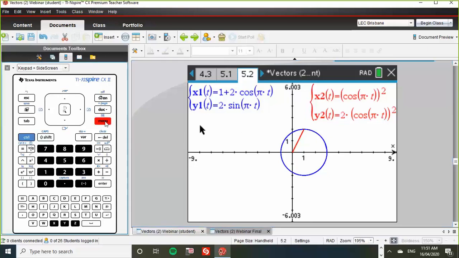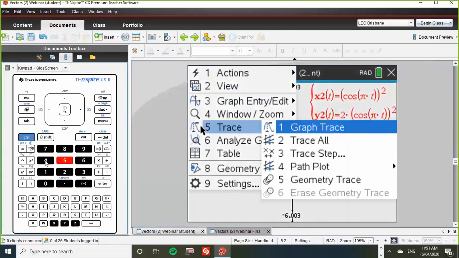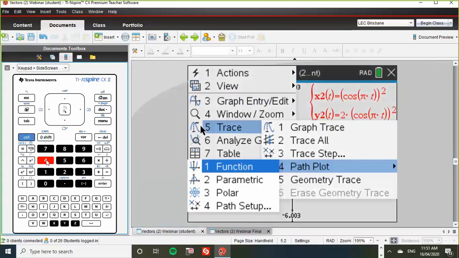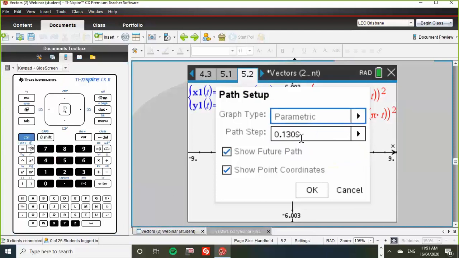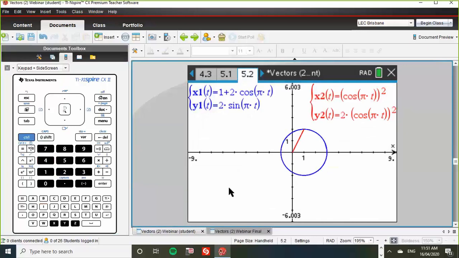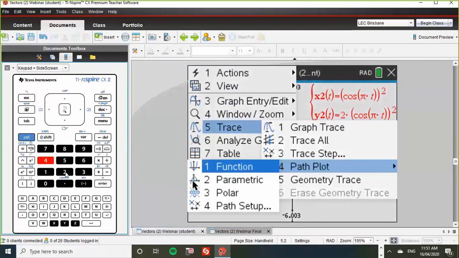We press, this is familiar now, menu 5 for trace, 4 for path plot, and we're just going to set it up again, parametric, and again out of habit, pi on 24, and those two boxes checked, and then we press menu, trace, and then path plot, and then parametric.